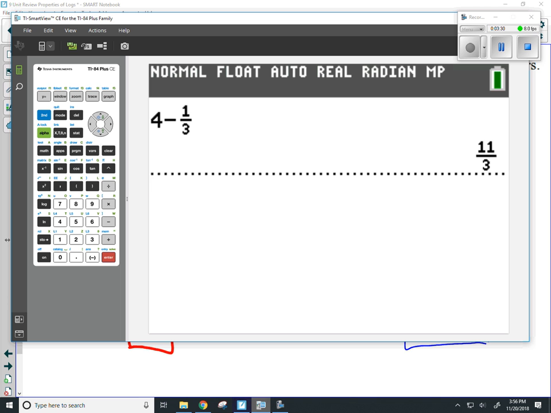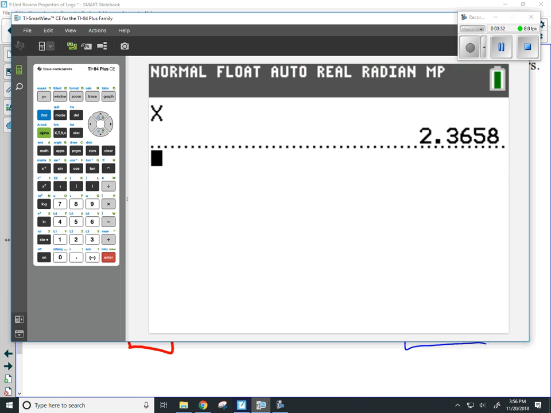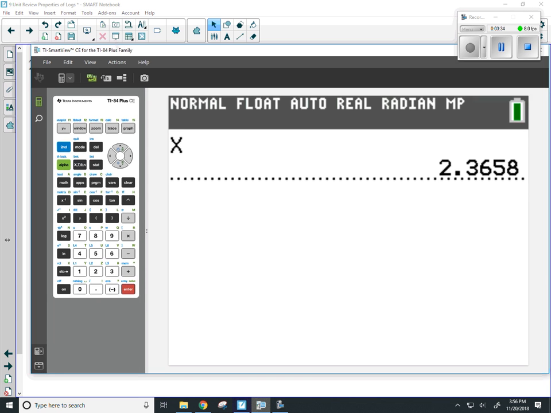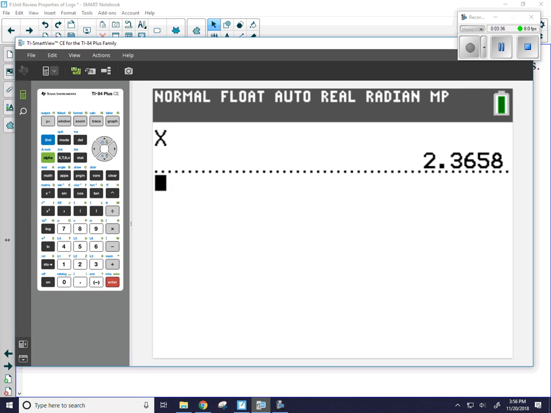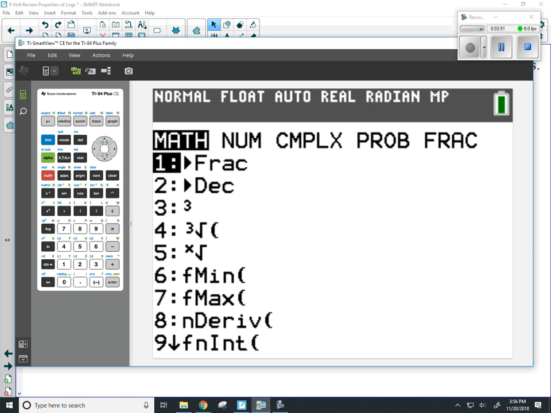So let's see what x is right now. Great, that looks lovely. Our original equation was log x to the 4th minus log cube root of x.